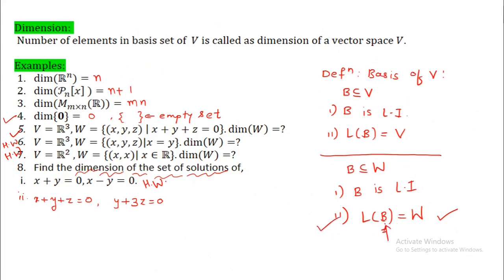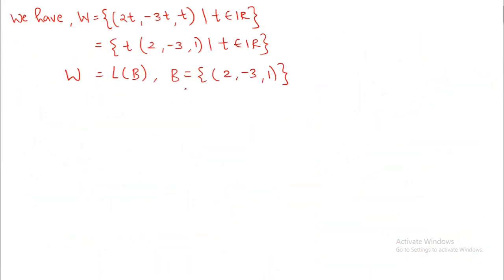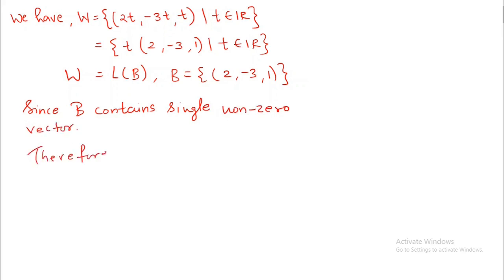Now it remains to check whether this B is linearly independent or not. If B is linearly independent, then we will directly say that this B is a basis of W, and we'll get the dimension of the solution set of the given system. Now you already know, since B contains a single non-zero vector, therefore B is linearly independent.